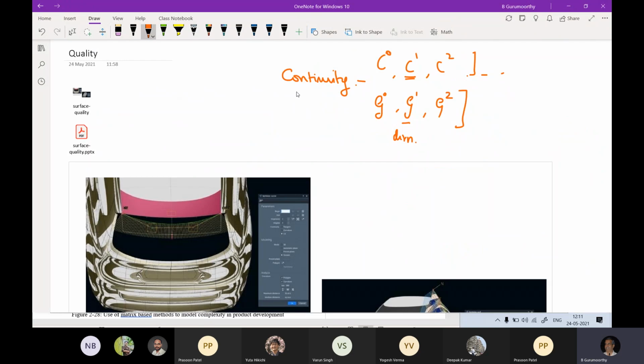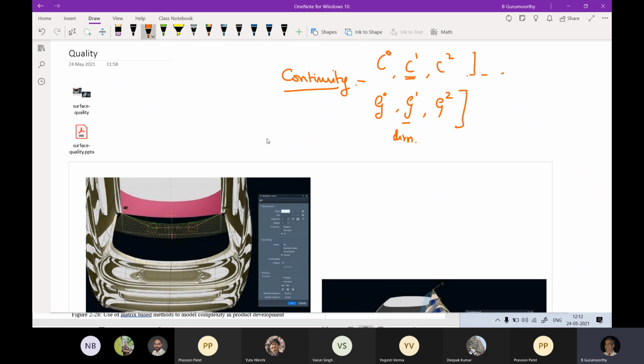So continuity, in some sense, depends on the derivatives of the surface or the curve. But when we talk about quality, there is an attribute that is over and above continuity. There are certain instances of surfaces where continuity may be prescribed to be very small, C0 also sometimes. You may have seen some of the newer cars coming with a crease on the body of the surface.